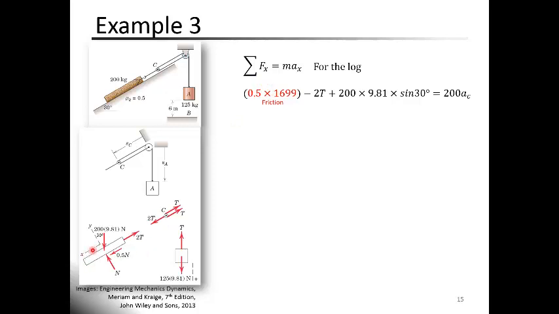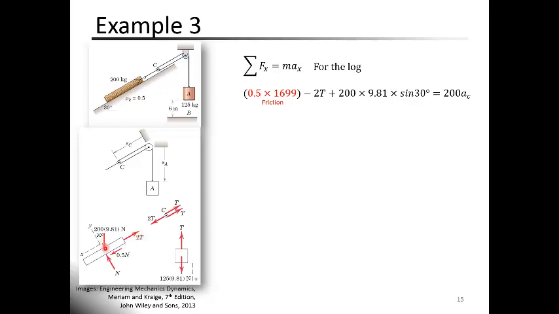So we have the friction force 0.5 multiplied by N, where N was found in the previous step as 1,699, multiplied by the coefficient of friction, which is 0.5. This is our first force in the x direction, positive. We have another force going up, which is negative 2T.